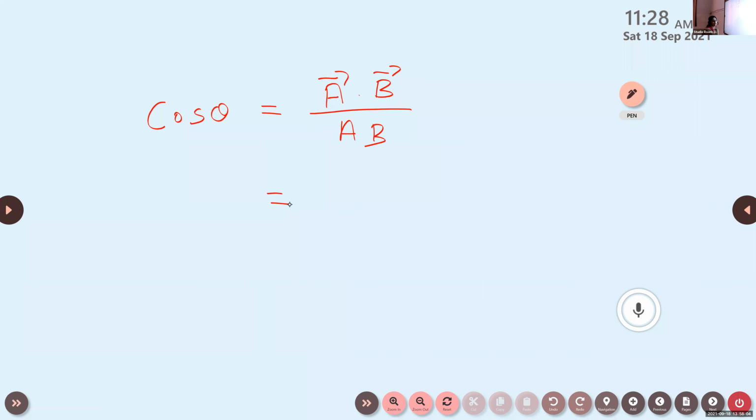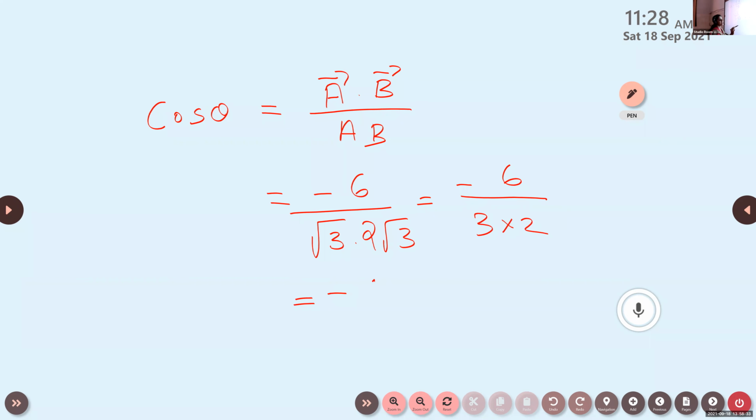Vector A dot vector B is minus 6, divided by the magnitude of vector A, root 3, and the magnitude of vector B, 2 root 3. That is equal to minus 6 divided by root 3 into root 3, which is 3, into 2. That is equal to minus 6 divided by 6, that is equal to minus 1.